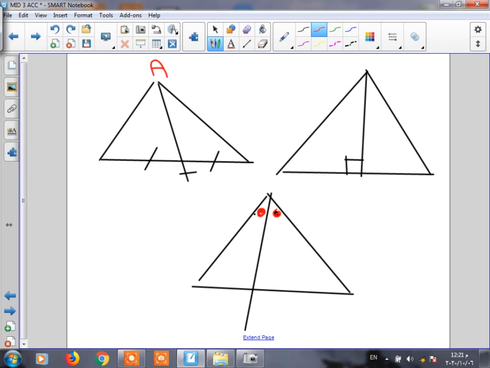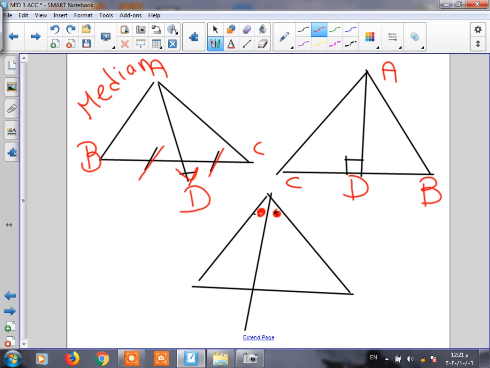So if I have a triangle ABC and a ray AD which bisects the base, that's called median. But if AD is perpendicular to BC, that's a perpendicular, or altitude. If AD bisects the vertex angle, that's a bisector, okay?